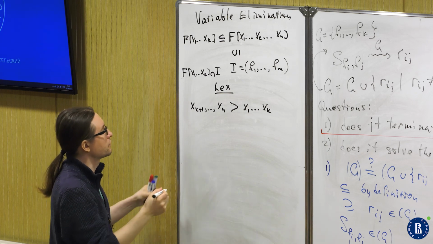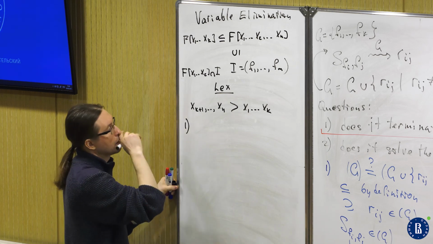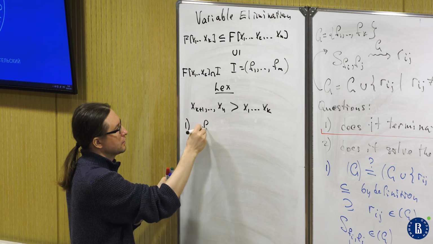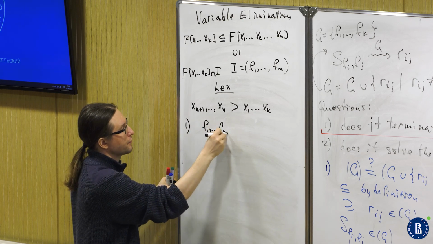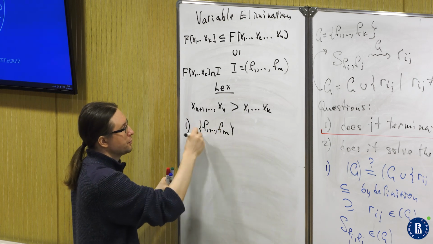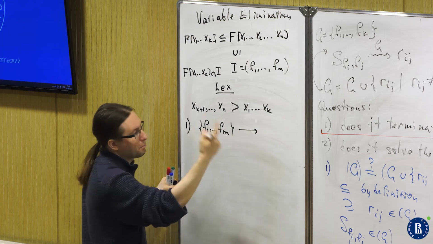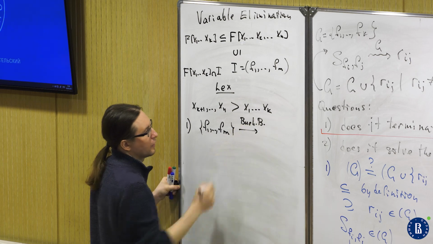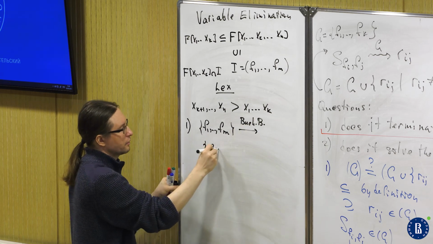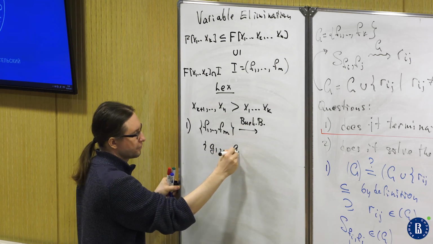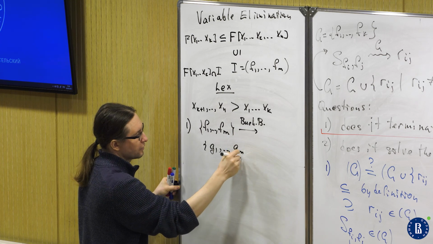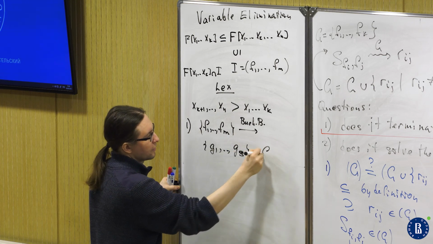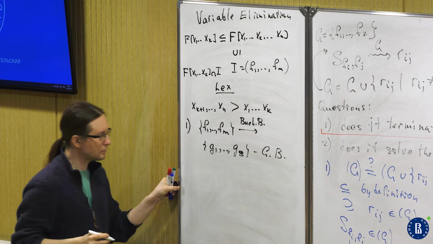When we fix this ordering, what we do first, we take the set of generators, f1, ..., fm, and we apply the Buchberger algorithm, and we compute a Gröbner basis. Let's say S, a Gröbner basis.